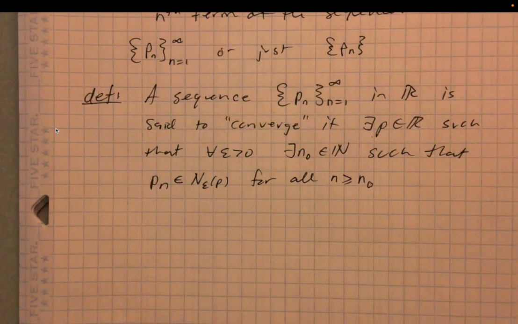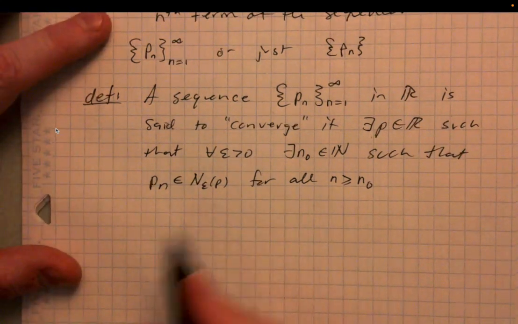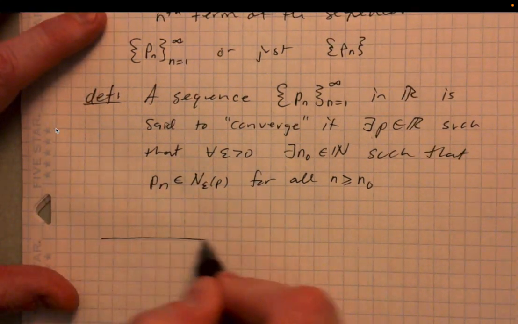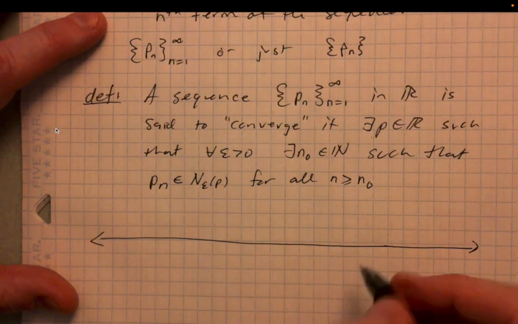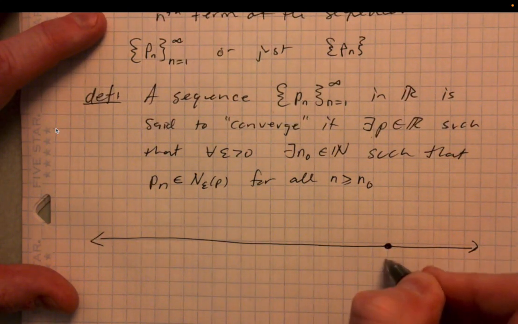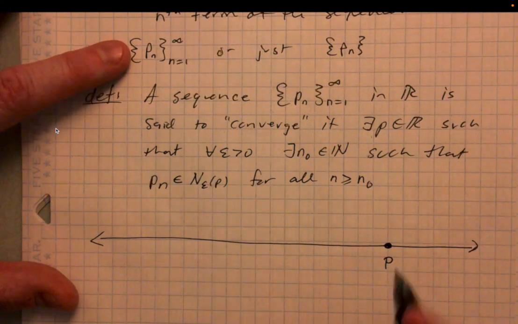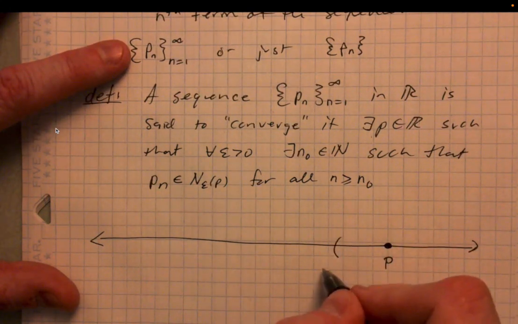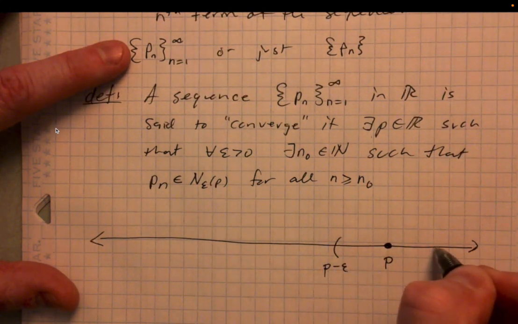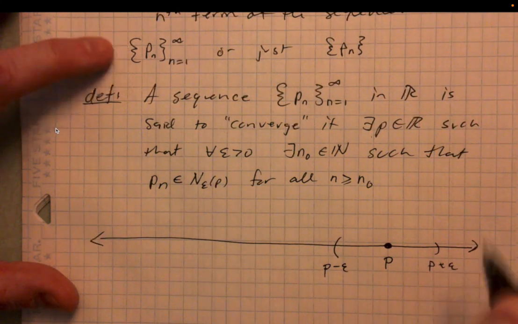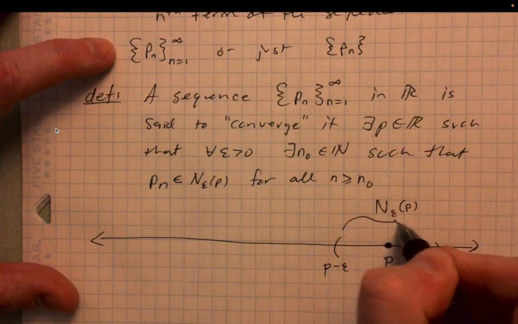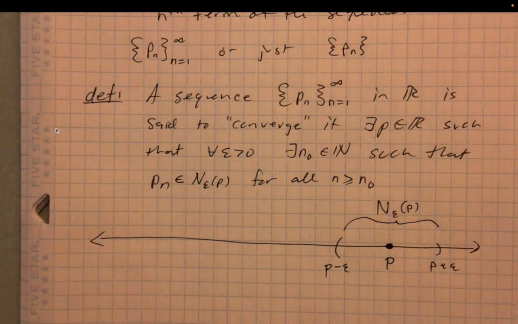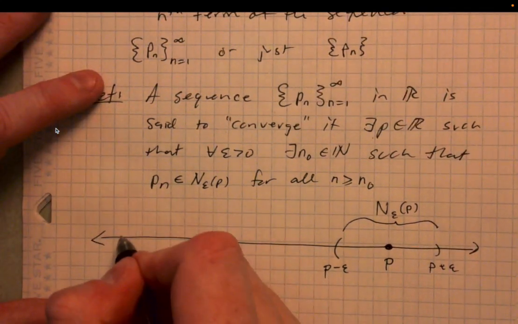Okay, that's the idea. And so let's think about what this means. Here's p, and let's say I've got an epsilon neighborhood, p minus epsilon and p plus epsilon. So this is my epsilon neighborhood of p. And my sequence starts maybe somewhere out here.